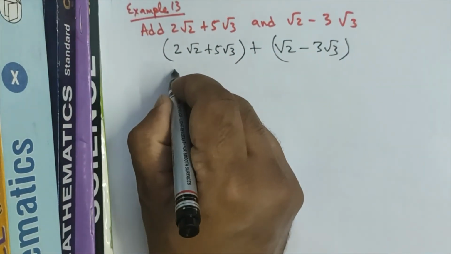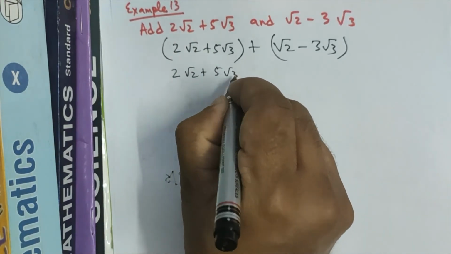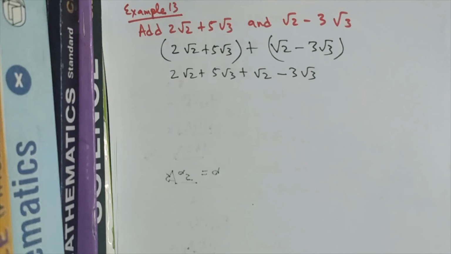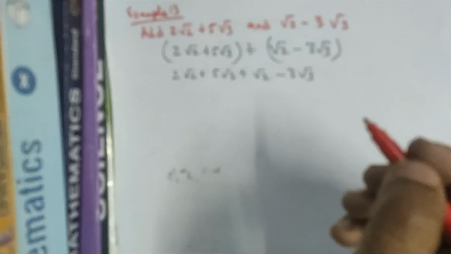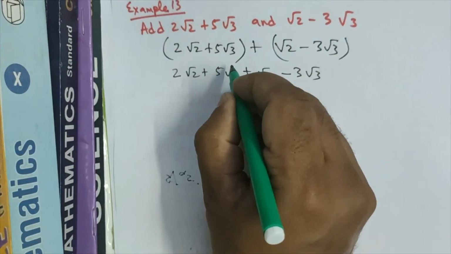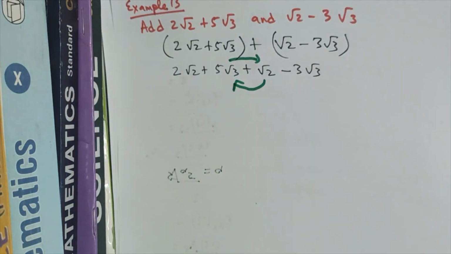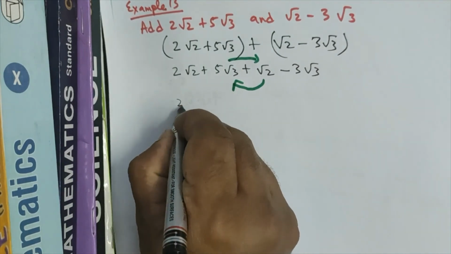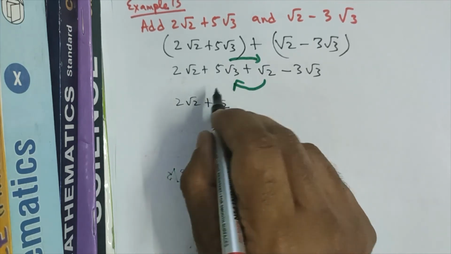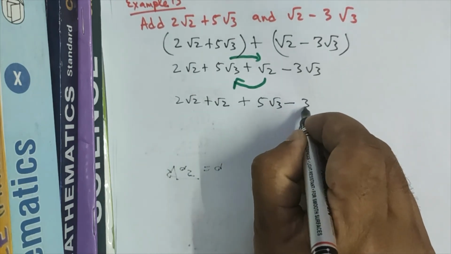First we'll write it as 2 root 2 plus 5 root 3 plus root 2 minus 3 root 3. We'll do the rearrangement. This term I'm taking to this side and this term I'm taking to this side. Now we have got 2 root 2 plus root 2, like terms together. Root 2 can be added to root 2 only, and 5 root 3 can be added to minus 3 root 3.